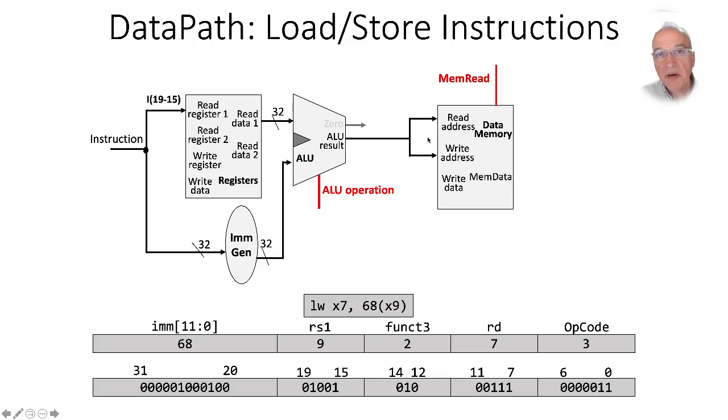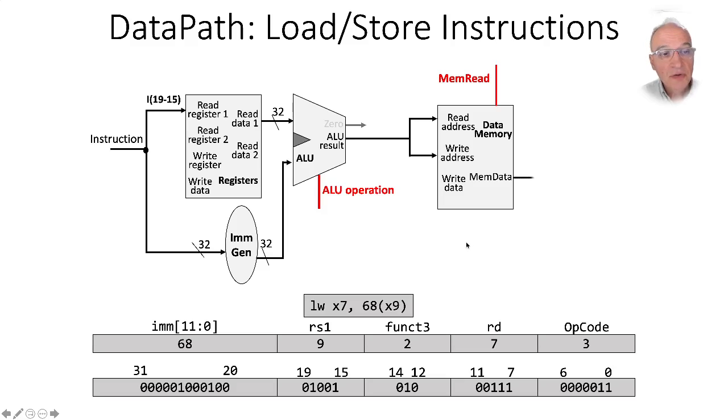When I tell the memory that this is a read operation, the memory will fetch the data from the address specified, and the data that comes out of the memory has to be written into the destination register. The destination register is given by bits 7 to 11.